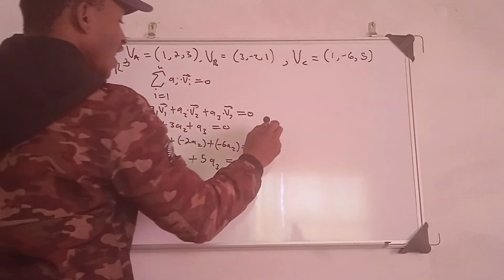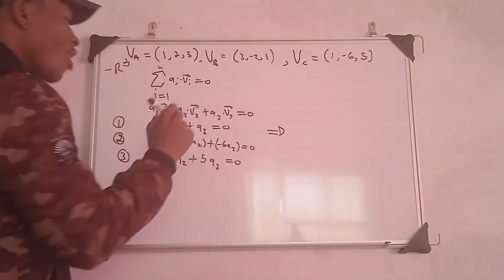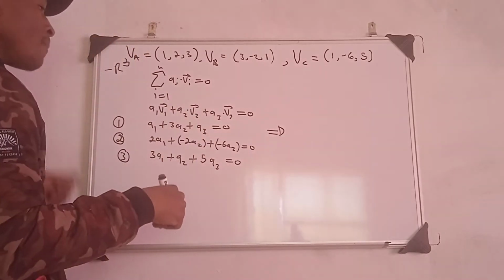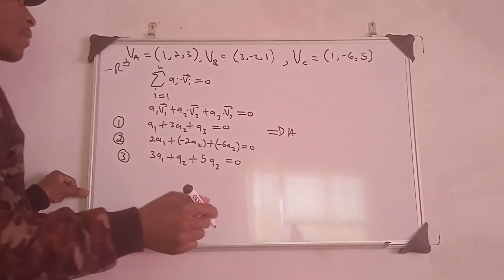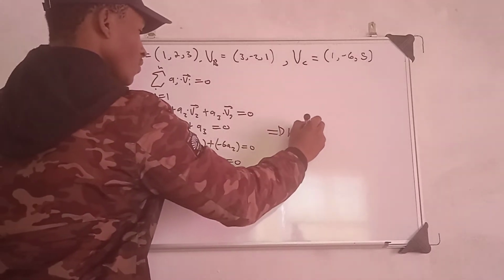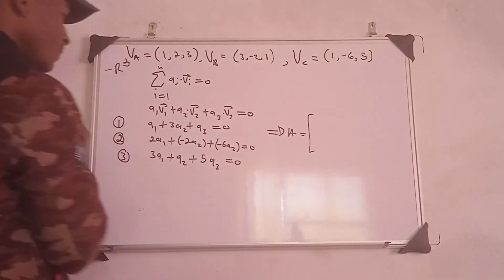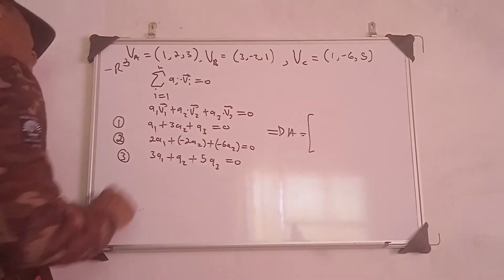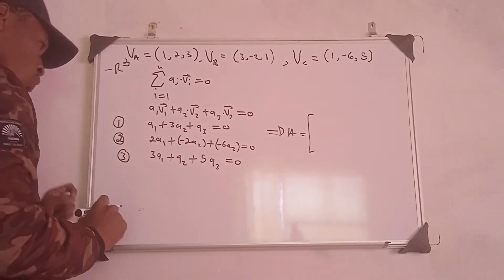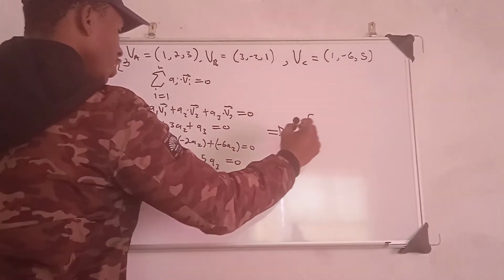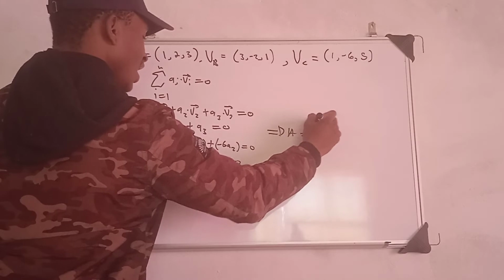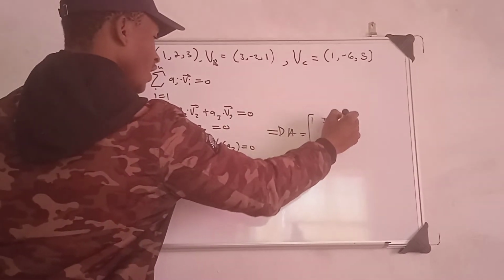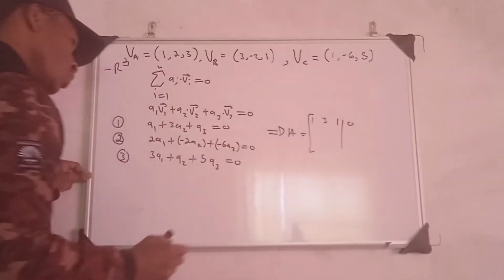So this can be written in the form of a matrix, and I will call it matrix A, but you can choose any variable. This is my matrix. I'm only going to take the coefficients of the first row, which are 1, 3, and this one again, and this one equals 0.